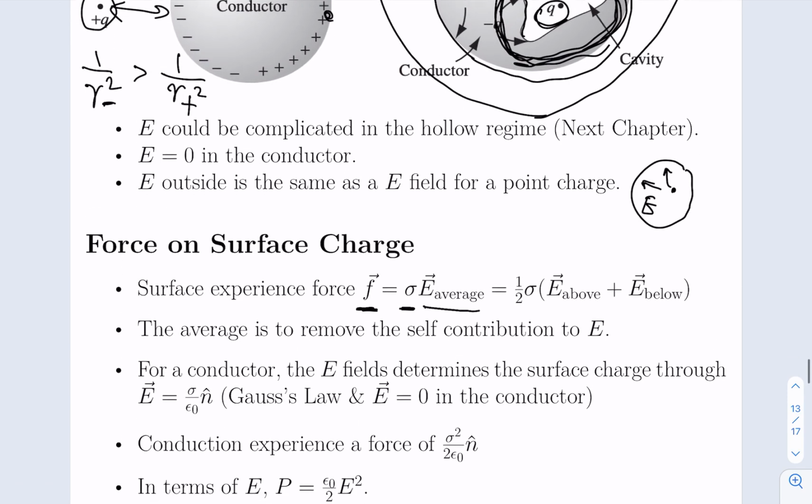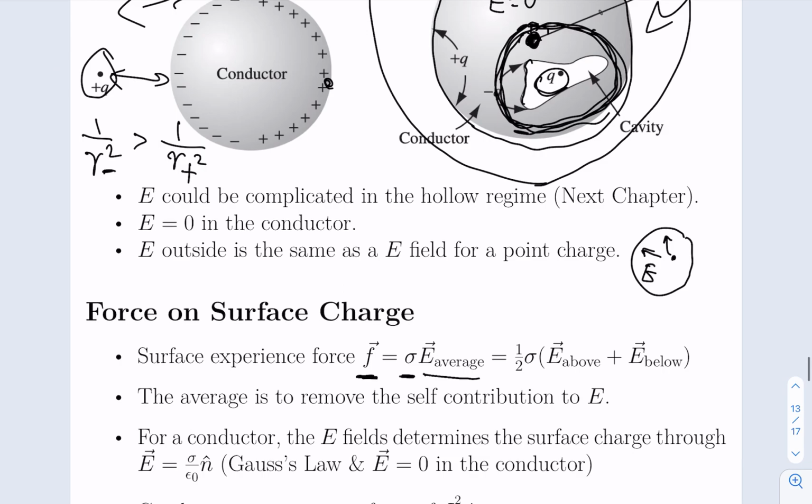On a surface, there can be an electric field outside and an electric field inside, right? And shall we use the electric field outside to represent the force, or use the inside electric field? Well, the answer is that we should actually use the average of the two.